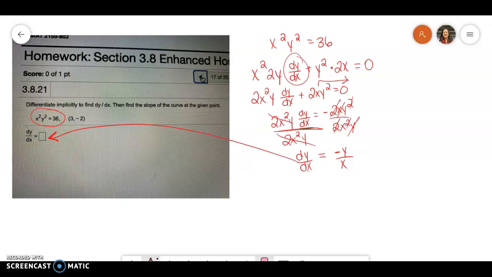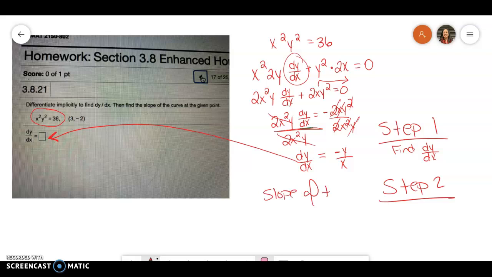Now, I'm pretty sure that the next part of this problem is going to ask you to find the slope of the curve at the given point, which just means, so this is step one. Let's label this. Step one is you have to find your derivative. Step two, you have to find the slope of the curve.